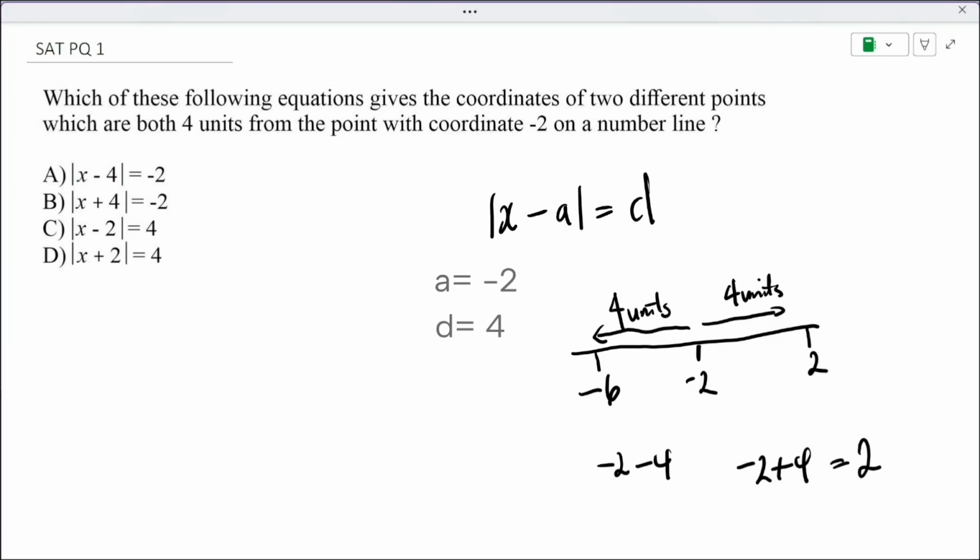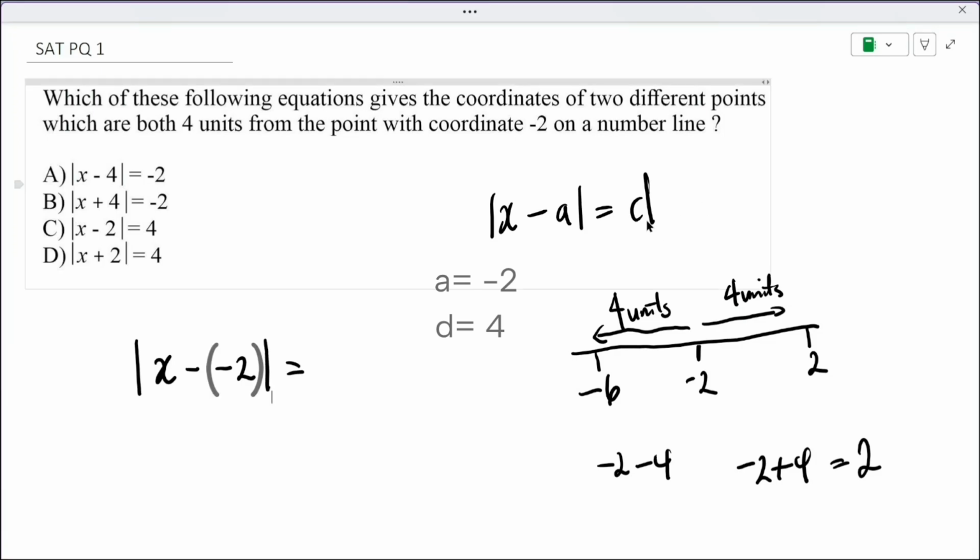So we can write this as absolute of X minus, there's a minus here, then A itself represents -2. This is the technicality in this question. A itself represents -2. So you have -2, equals D is 4.